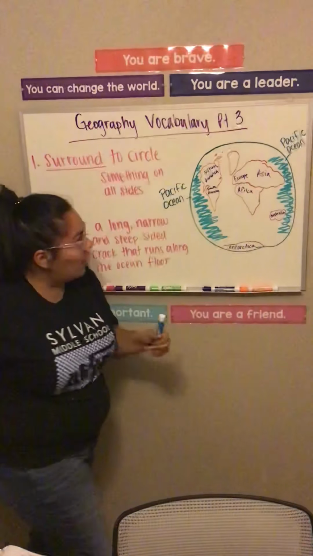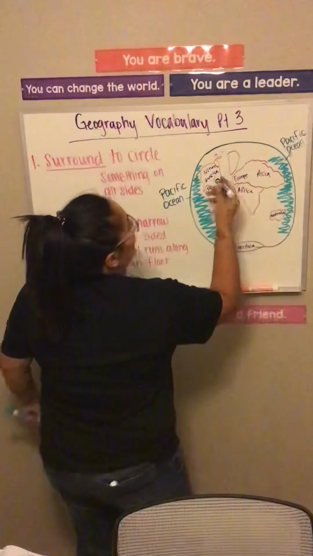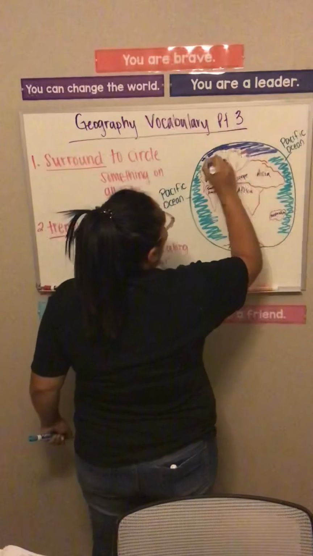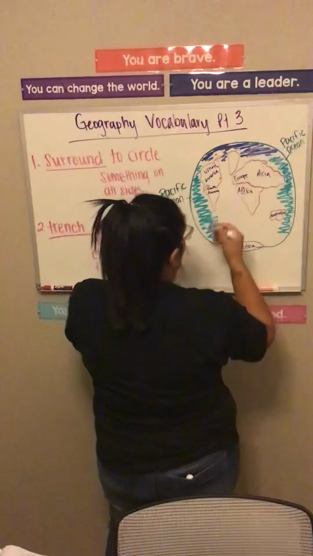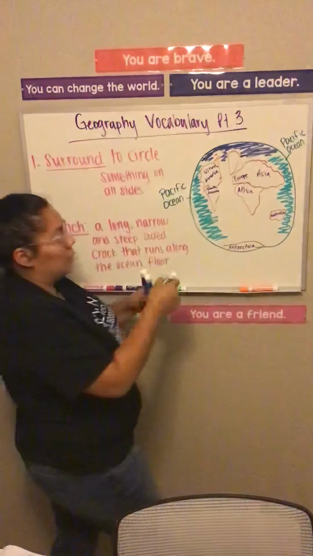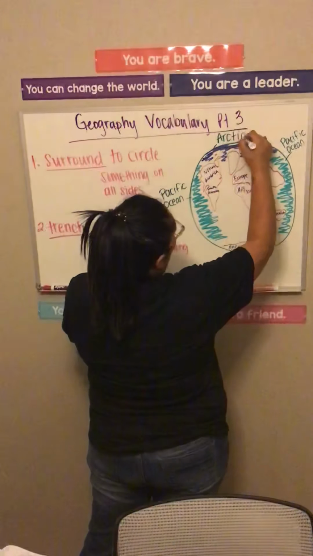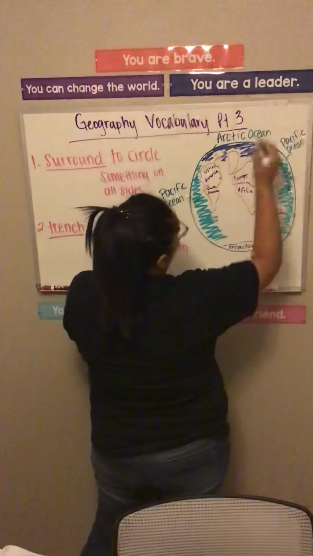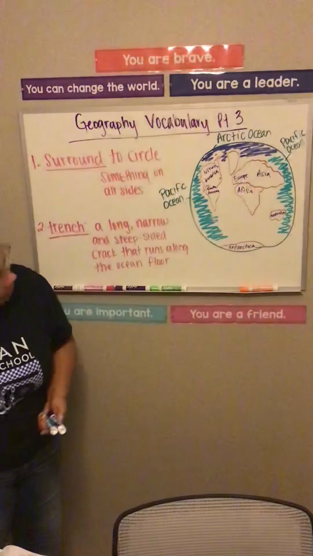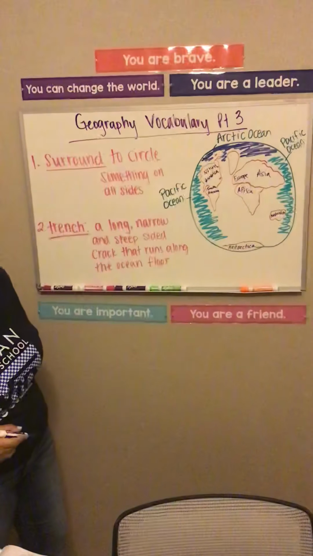Okay, at the top here, and I'm going to try to use different blues and like purples to kind of separate it. At the very top here, right, and it goes down obviously, but at the very top is the Arctic Ocean. Arctic Ocean. So you can go ahead and write that. Okay, we have 3 left.